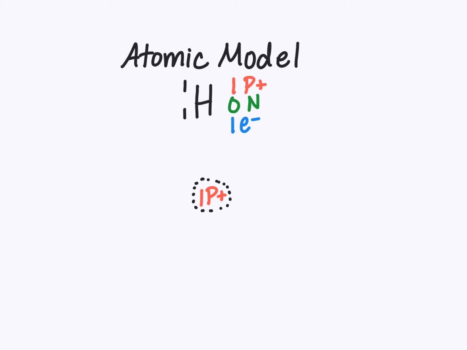Now, we have to place the 1 electron that hydrogen has into an orbital. So we draw 1 orbital around the nucleus, and we put our 1 electron in that orbital. And we are done. So this is what a model of hydrogen would look like. So hydrogen is a very simple element with 1 proton and 1 electron.